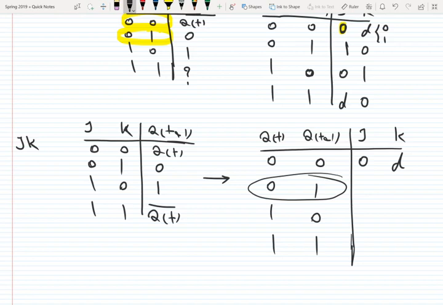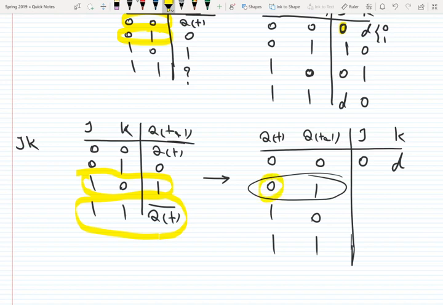First, if J is 1 and K is 0, of course, the output will be 1. The second one, J is 1 and K is 1, because J1, K1 means complement the output.